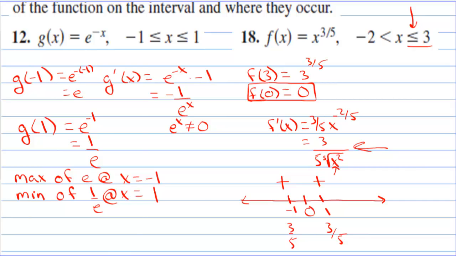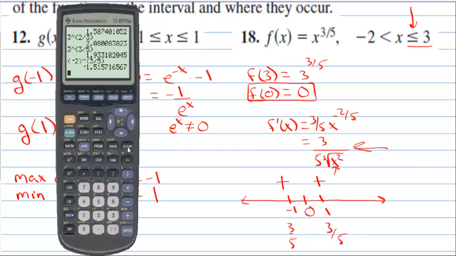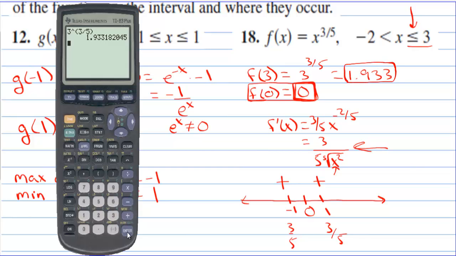Let's grab our calculator and do that. 3 raised to the 3/5, value is 1.933. Other places to the left of 3, the value is 0, but we said that's not a min or a maximum. And then the function is increasing to 1.933. So we have a maximum of 1.933 at x equals 3.